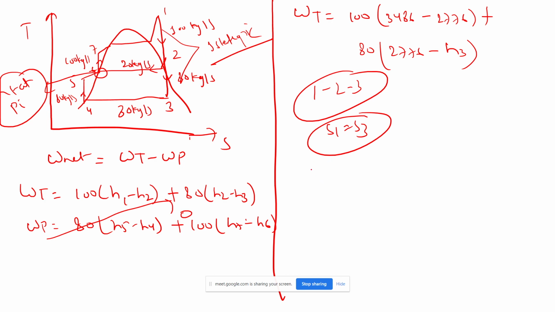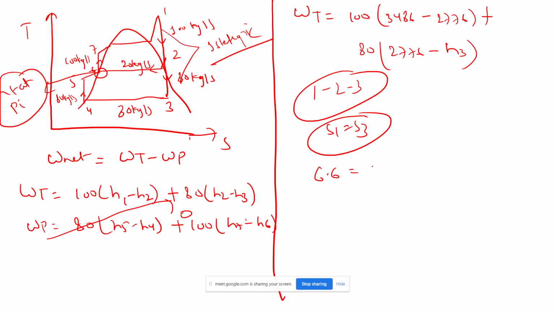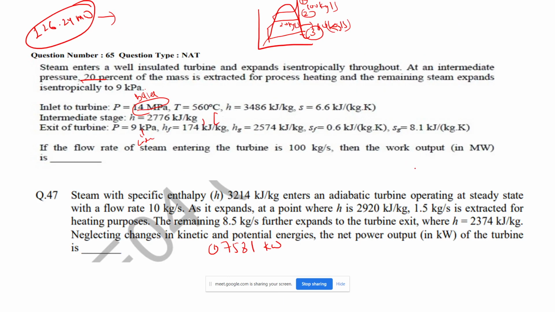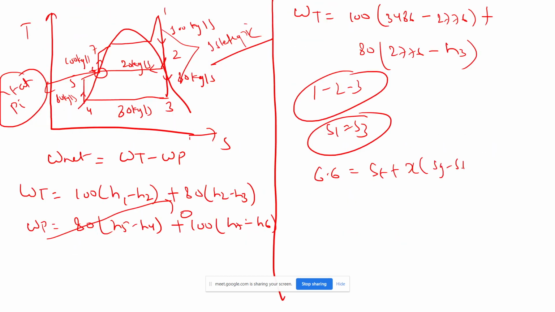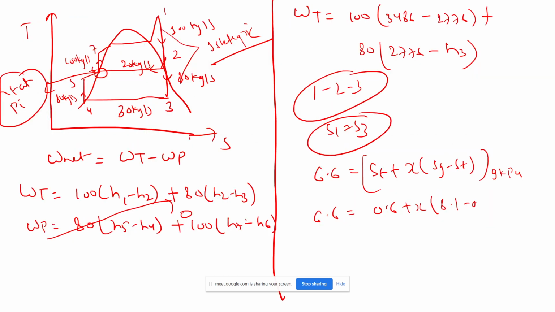S1 at superheated condition is 6.6, and S3 equals SF plus X into Sg minus SF, taken at 9 kilopascal pressure: 6.6 equals 0.6 plus X into 8.1 minus 0.6. What is the value of X you have got? 0.8. Okay, 0.8 is right.